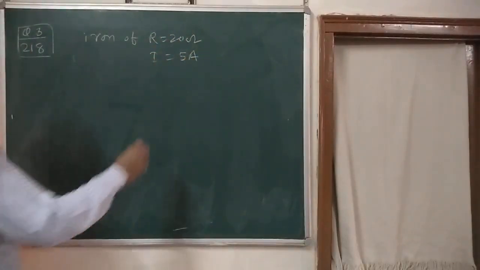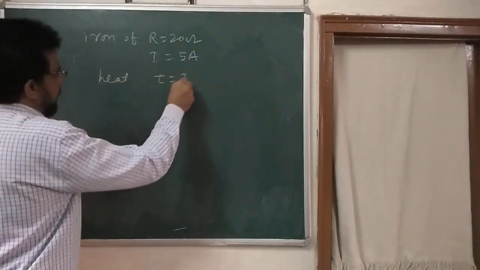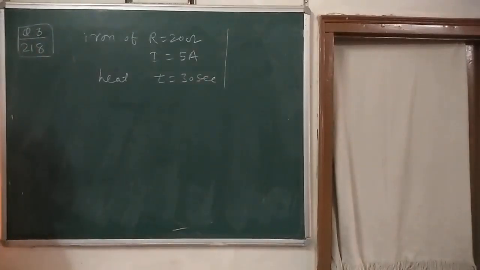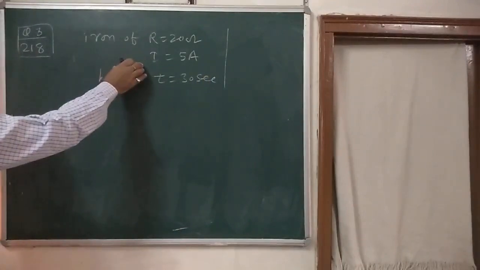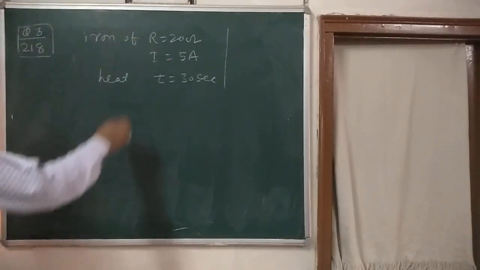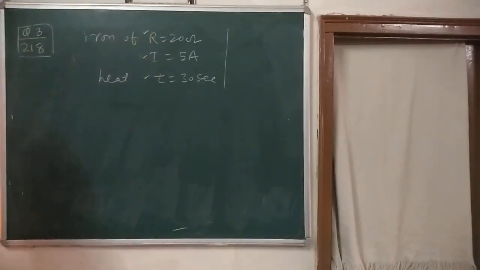Calculate the heat developed in a time of 30 seconds. This is the question. Our problem is to find the heat developed in 30 seconds. 3 things are given to us.